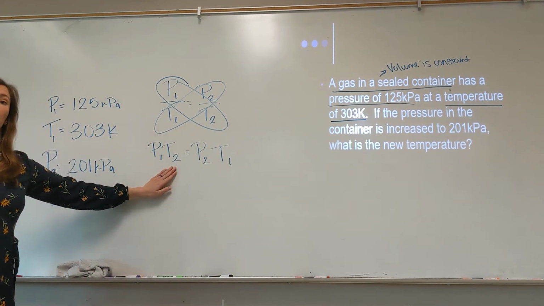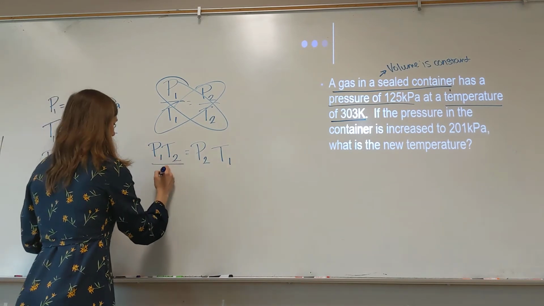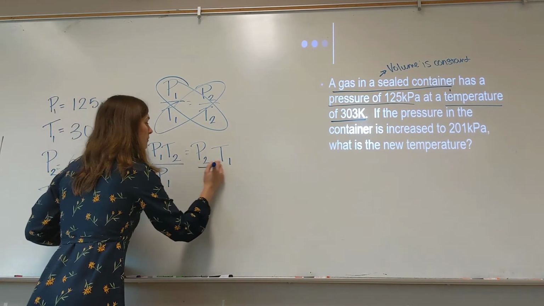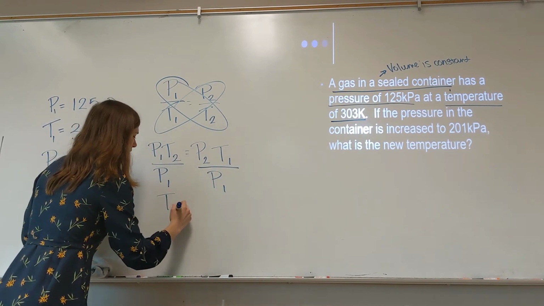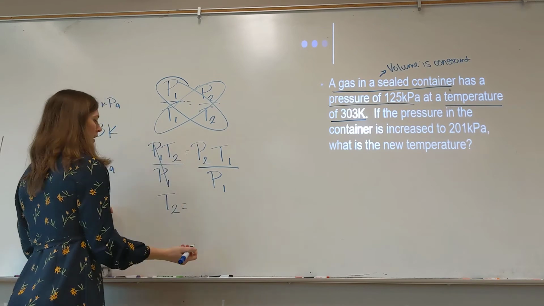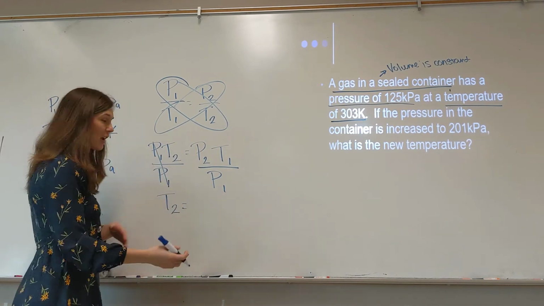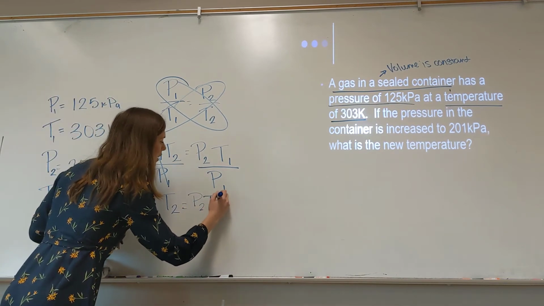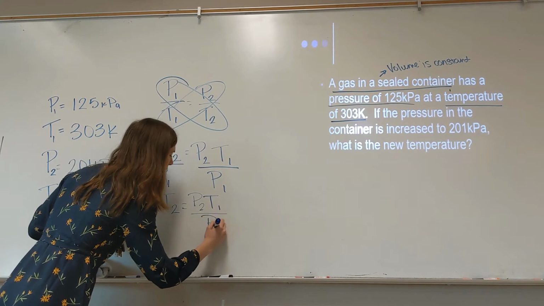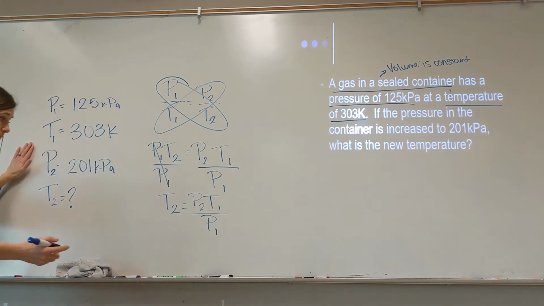Now I have T2 on the top, but I don't have it by itself, so I can divide both sides by P1. Now I have T2 equals P2 times T1 divided by P1, and I can plug in all of the variables that I know.